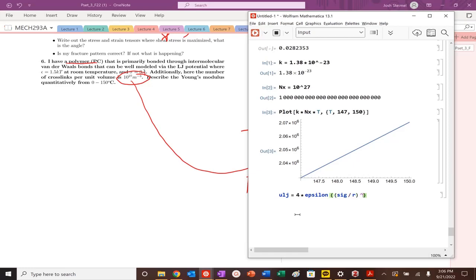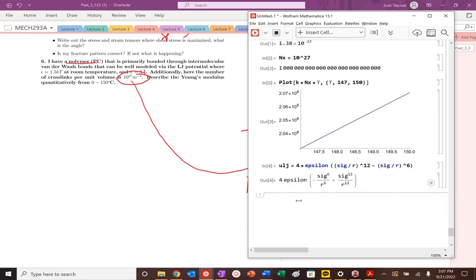Now we need to plot it for the temperatures below. I could take epsilon, plug it in, 1.5 kT, so k times temperature. Again, we could assume room temperature.